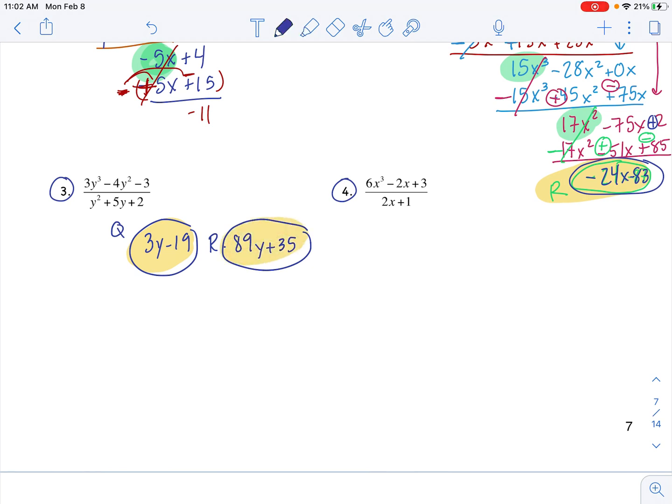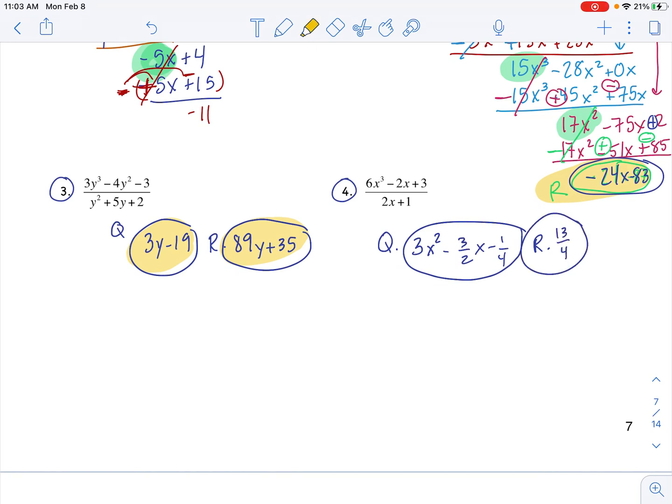And then for number 4, there were a bunch of fractions on this one. It was kind of ugly, but that's okay. We still allow it. Quotient was 3x squared minus 3 halves x minus 1/4. And remainder, I think, was 13/4.